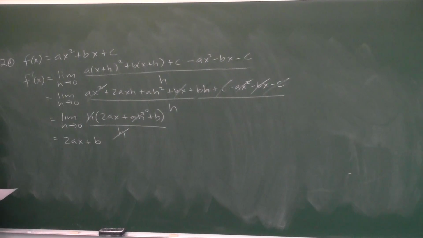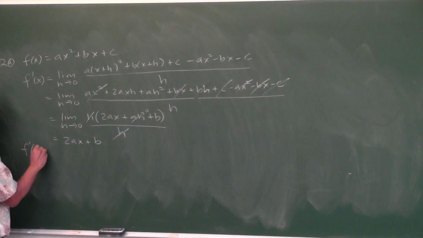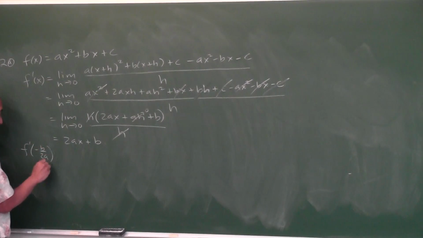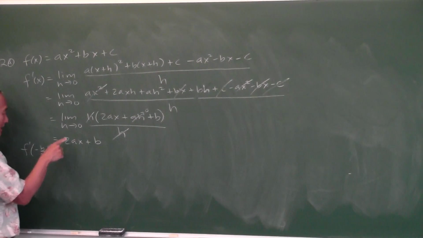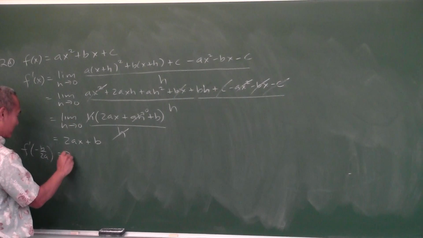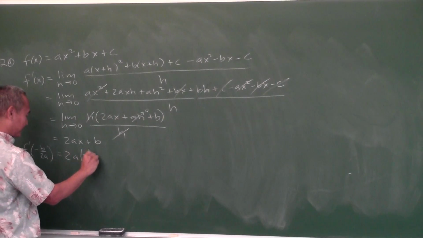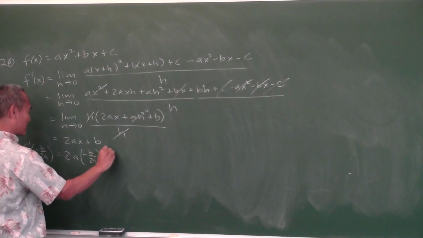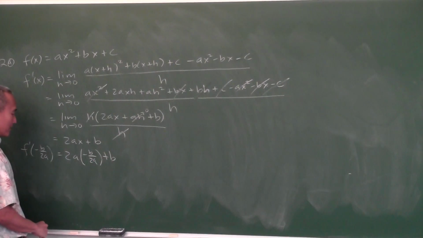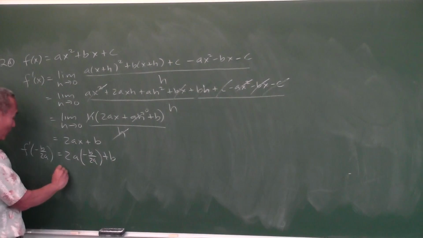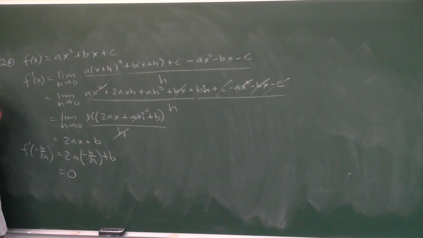Now it says compute f prime of negative b over 2a. That means plug in negative b over 2a into the derivative right here. This is just like regular function notation. And you get 0. What does that mean?